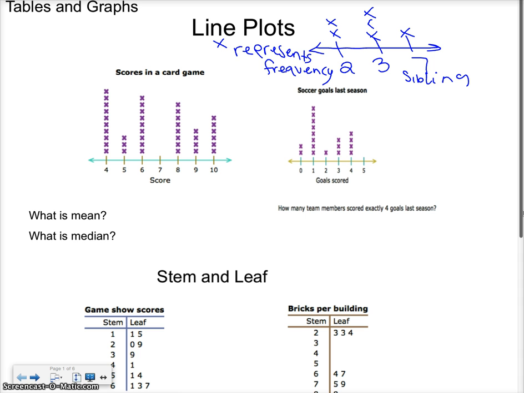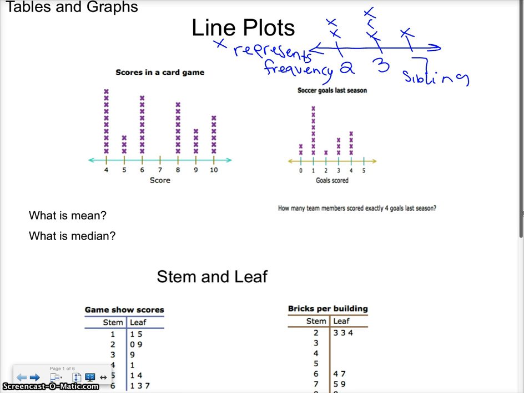So looking at the first line plot, I know it's a line plot because it's a line with x's. It says, what are the scores in a card game? On the bottom, it tells me the different scores: 4, 5, 6, 7, 8, 9, 10. And the x's mean how many times it happened.